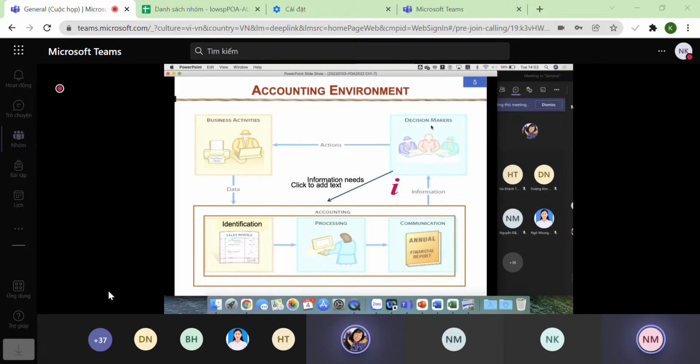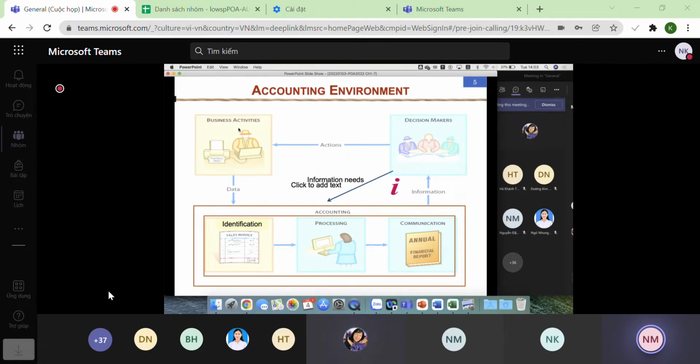The accounting system will classify and record those things, process the information and provide it to the decision makers. Then the decision makers do something that affects the business activity of the company.